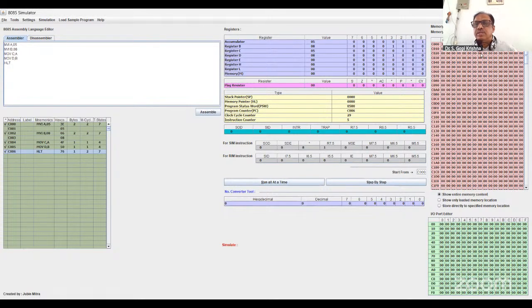This is the memory location. In this program, C000 is the starting address. The memory for the user area is C000 to CFFF. And from here we have 3E, 05, 06, 08, 4F, 50, 76.